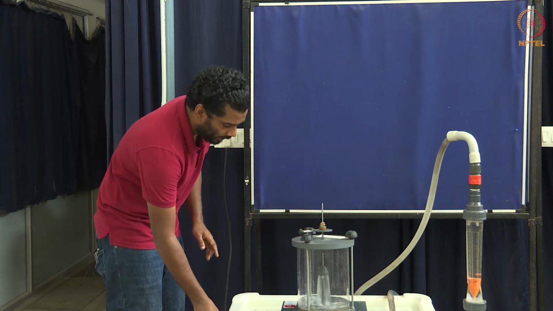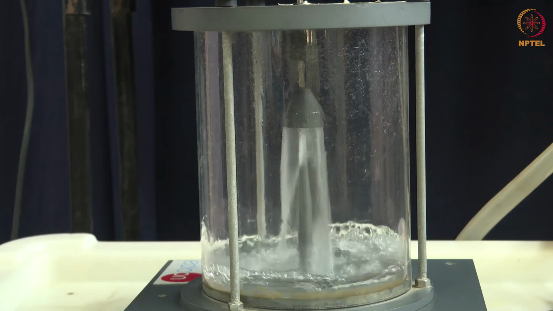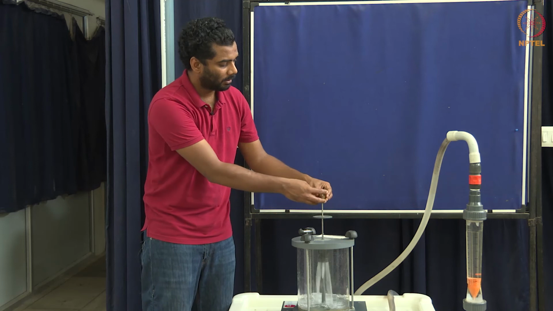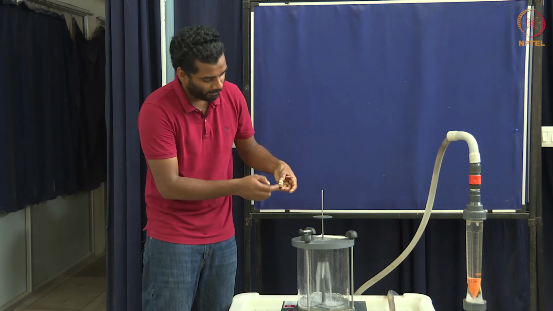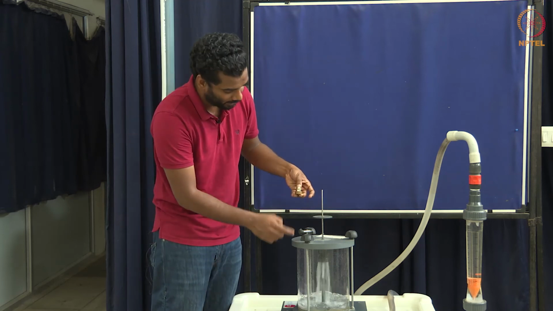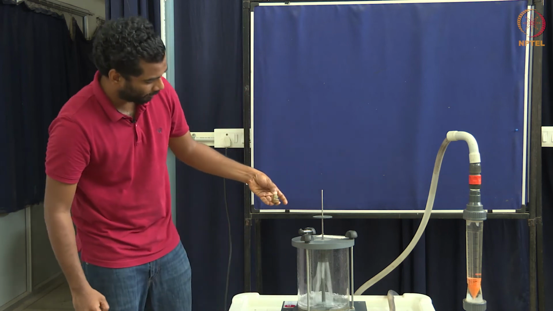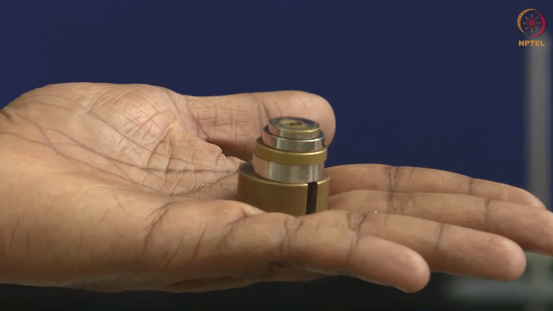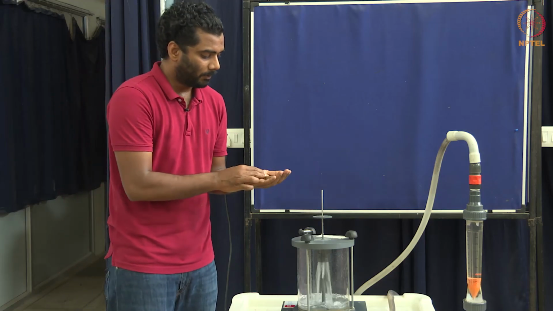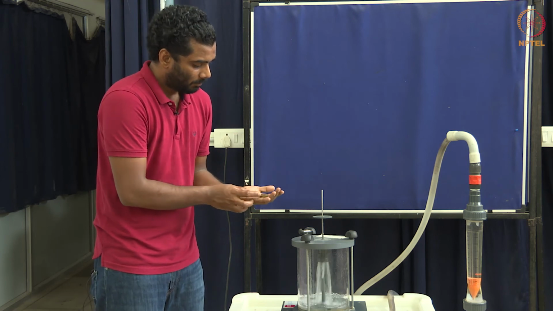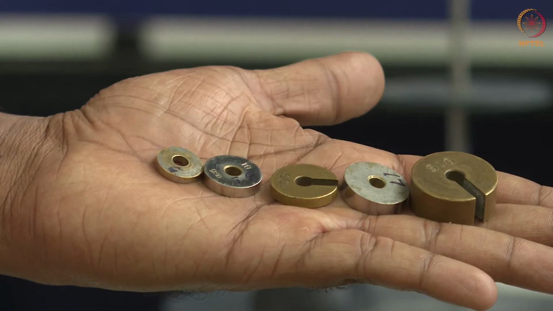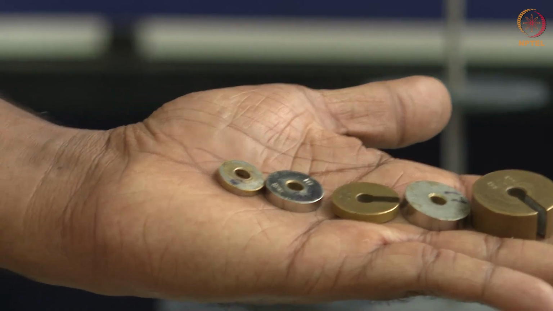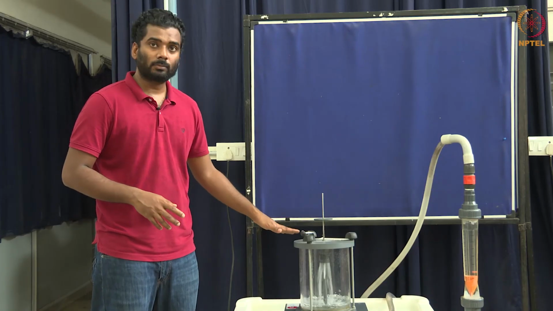So all these weights, the total amount of weight, is counterbalancing the jet force. We can sum up all these masses to find out the equivalent force. So we have performed the experiment.